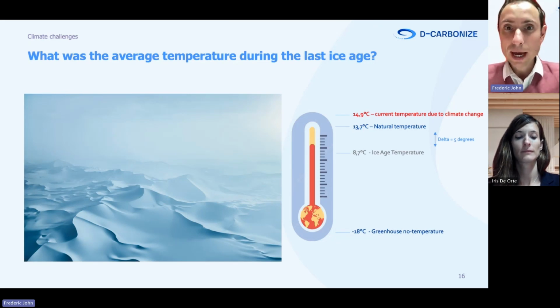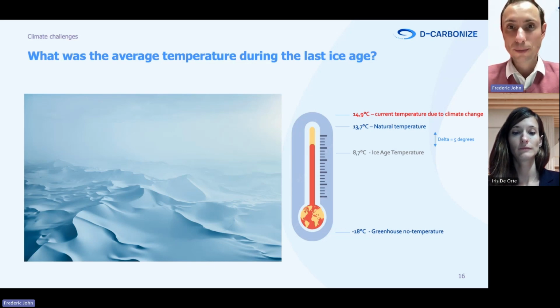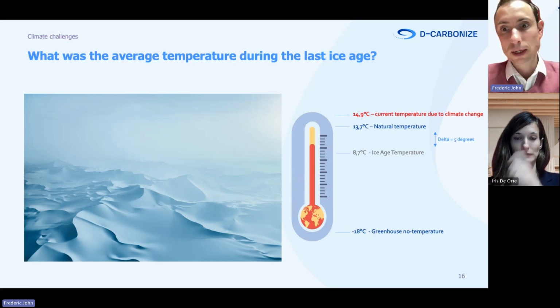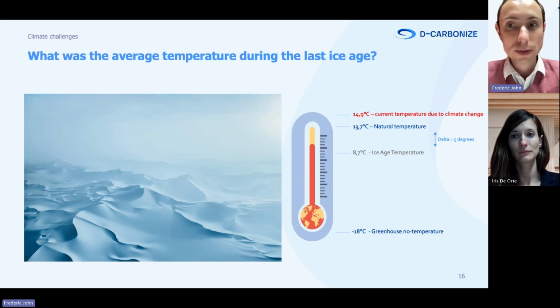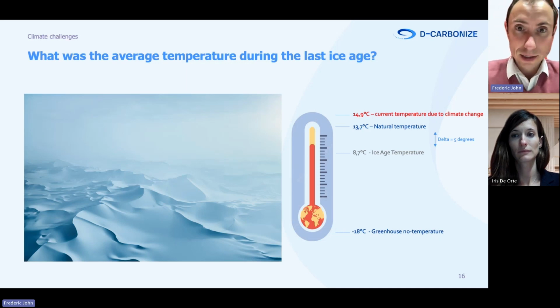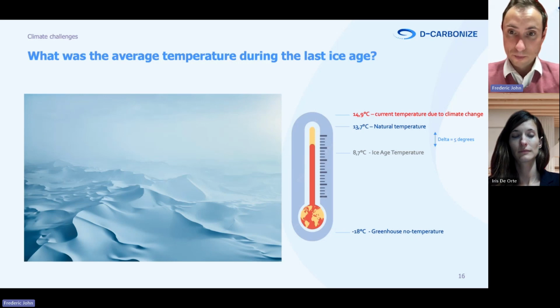At that time, we had a delta of 5 degrees compared to the natural temperature that we should have in our period. Right now, if you look at the scale on the right-hand side, we should be around 13.7, 14 degrees Celsius as a global average temperature. And during the last ice age, it was 5 degrees below.